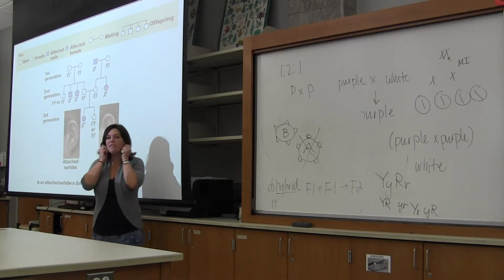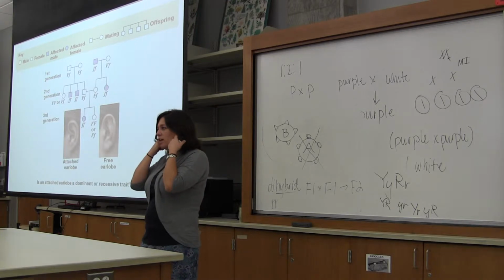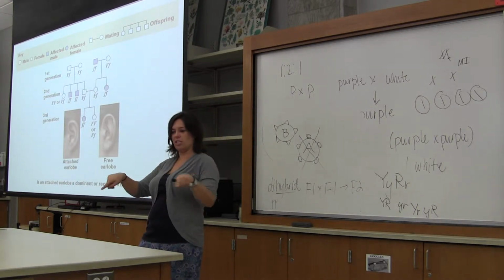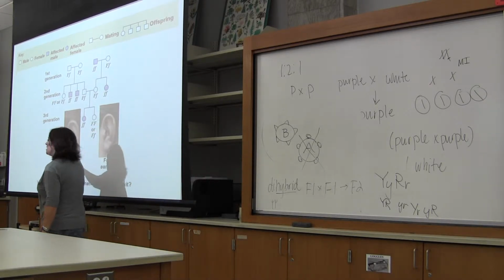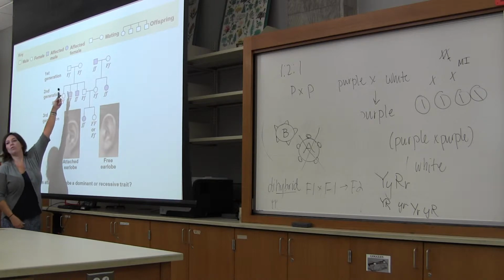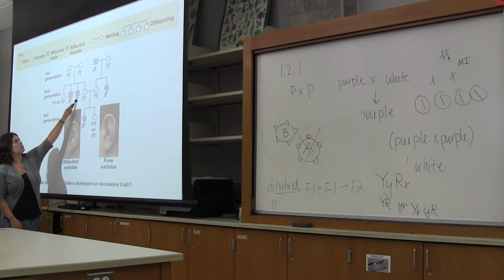So if we look at another example, earlobes, you can have either attached earlobes or earlobes that kind of flop in the wind. Think of Kiefer Sutherland. He's got like the largest earlobes. But anyways, you can either have attached earlobes or detached or free earlobes. And so if you follow this pedigree, we have 1 couple over here. Neither one of them are affected, but they have children, and they see half of them are affected.